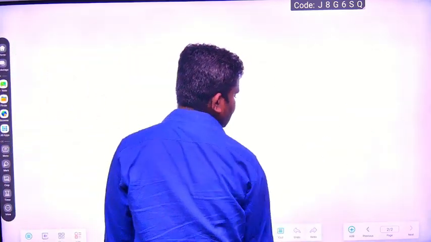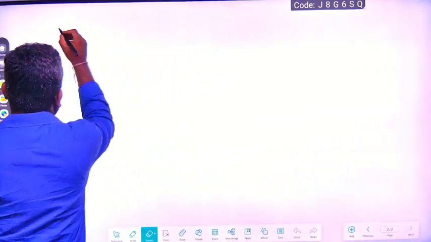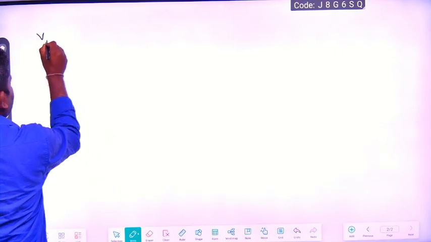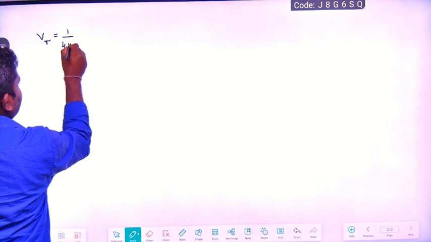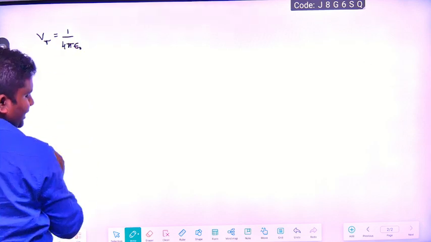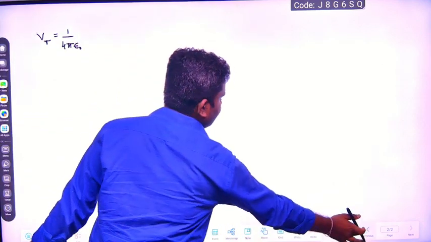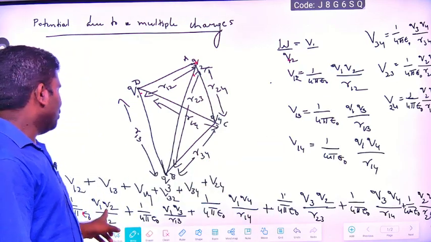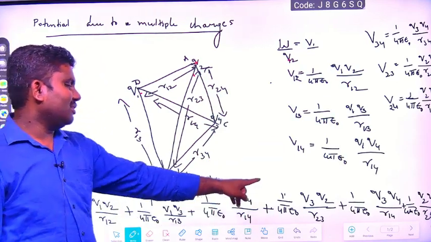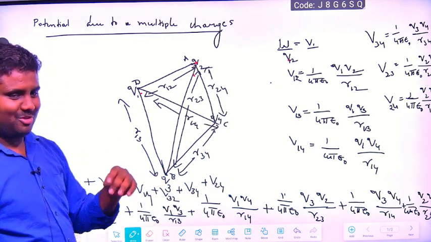Add page. Now, what is the total answer we'll get? V total will be equal to V1, that is 1 by 4 pi epsilon naught. That is common, I will take. You just see the previous slide. 1 by 4 pi epsilon naught is everywhere. Wherever Q1 is there, I will take Q1 common.